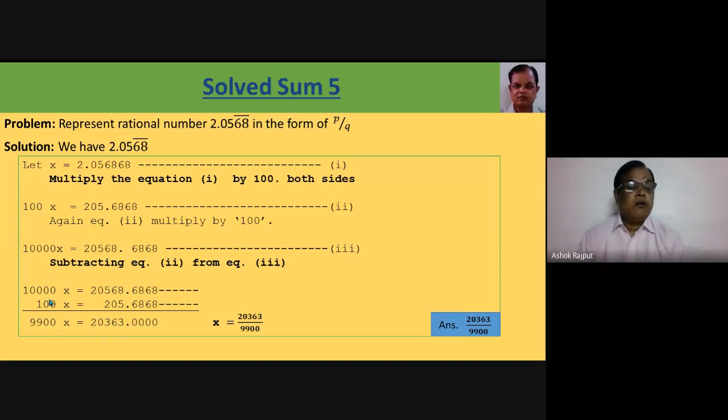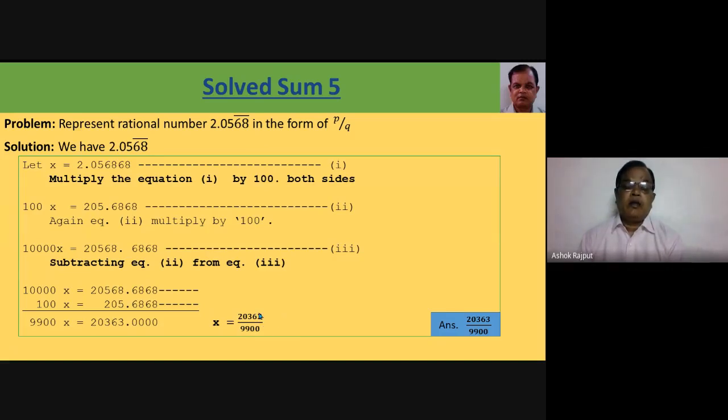Now we want to find the value of x only, not this. So x equal to, we will divide it by 9,900 as it is written here. 20,363 by 9,900. It is the value of the given number in the P by Q form.